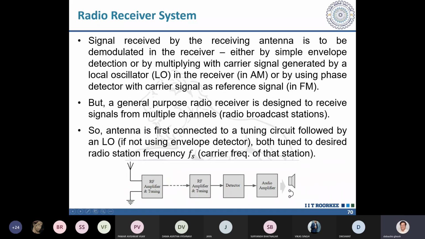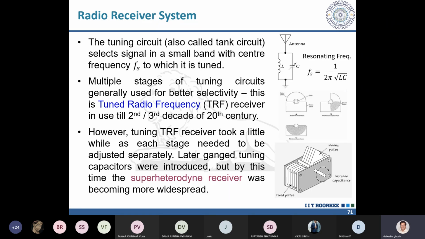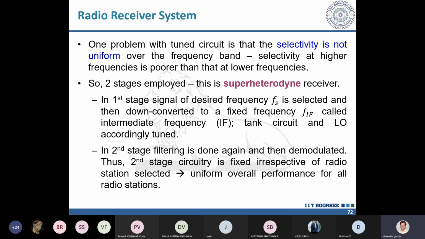Okay. So I have to tune the system. I have to have a resonating, a tuning circuit, which should be tuned to that particular radio station.